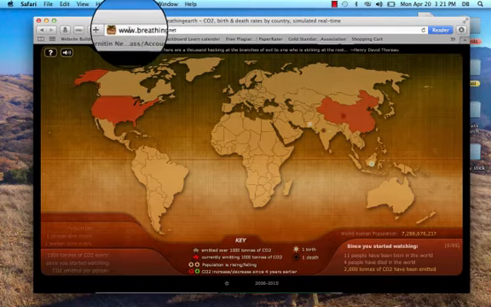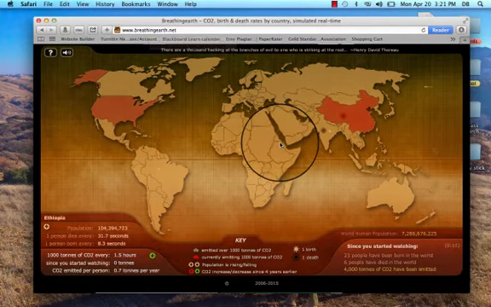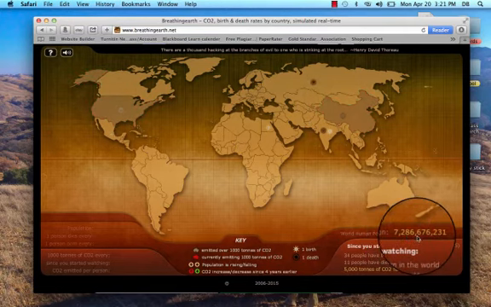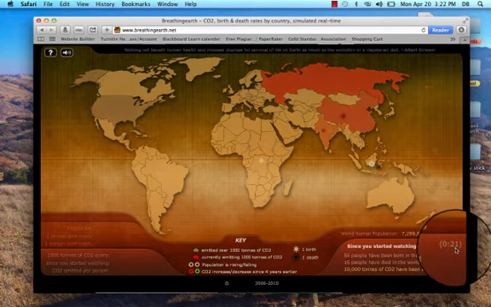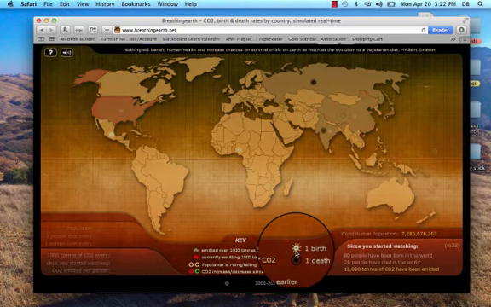Now here's a pretty cool website, breathingearth.net, and it is a map that shows you real time what the population is. So April 20th, 2015, the population was 7.3 billion. Then it also shows us how many people have been born. And so every time you see one of these little stars, that's a birth.